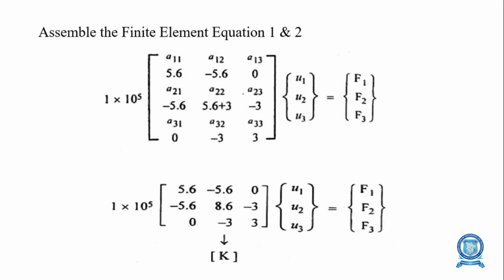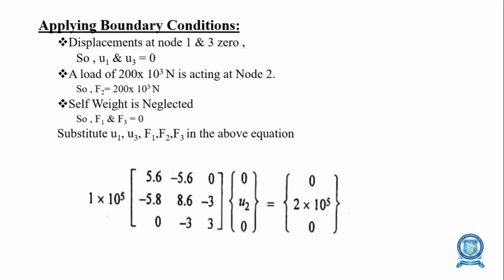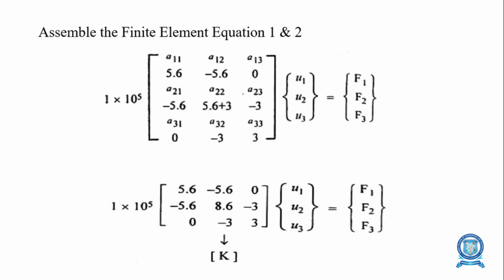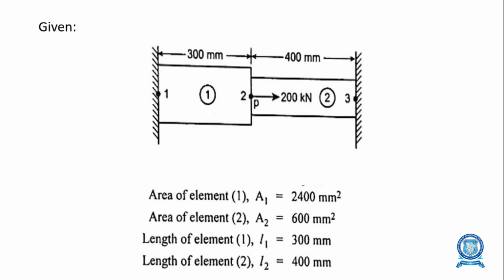Now we are going to apply the boundary conditions that are given in the question. What are the boundary conditions? First, the displacements at node 1 and 3, which we call u1 and u3, are 0. Why is it 0? Because in the diagram itself it is given that both ends are fixed.